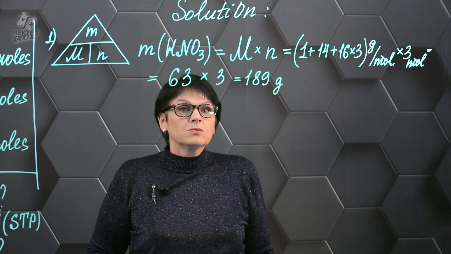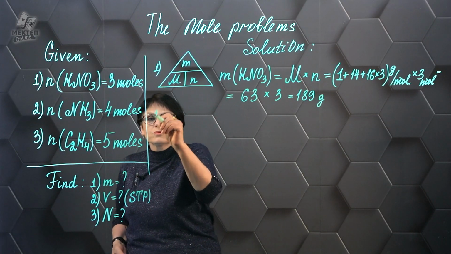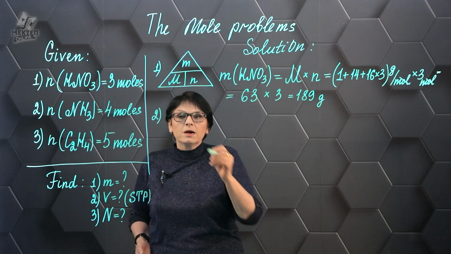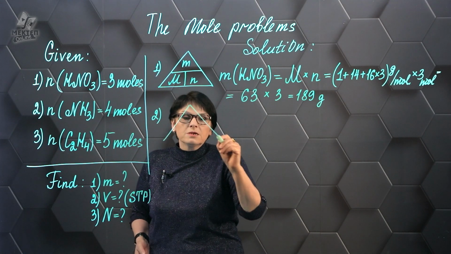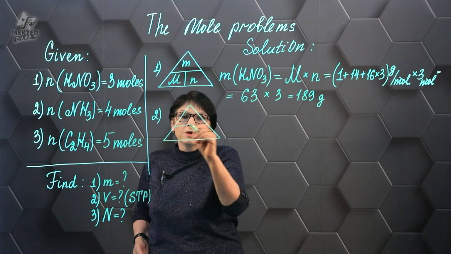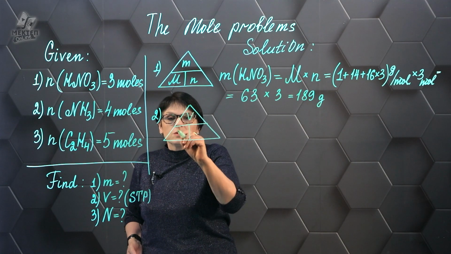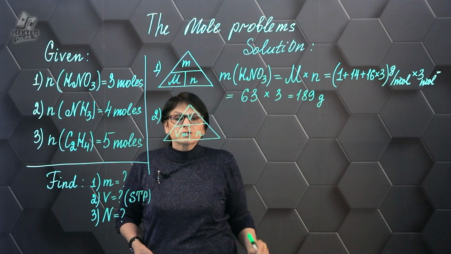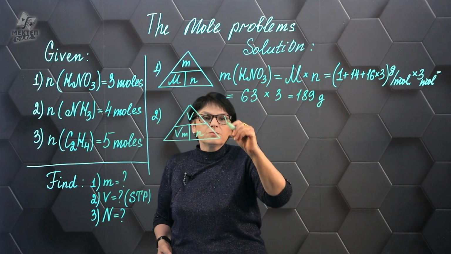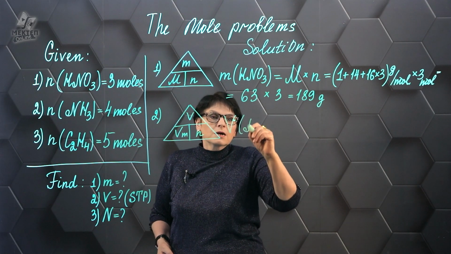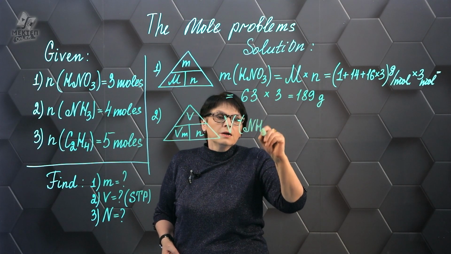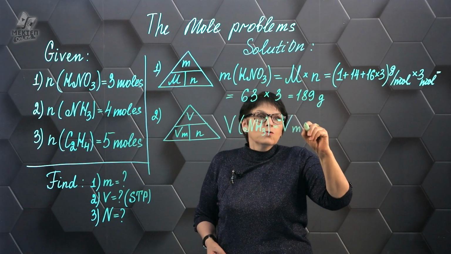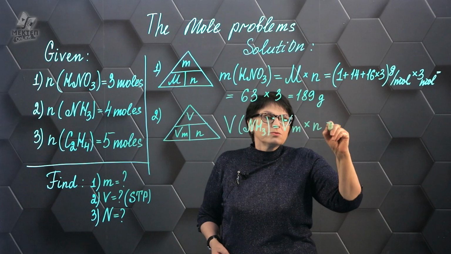That's our answer. The next question is to find the volume of ammonia gas. So we're going to use our formula again. To find the volume, we need to multiply the molar volume by the amount of substance. Let's rearrange the formula, so we can find the volume of ammonia using the molar volume multiplied by the amount of substance.